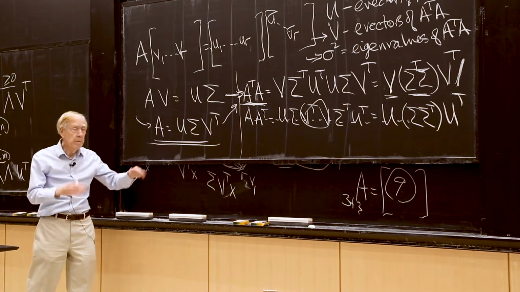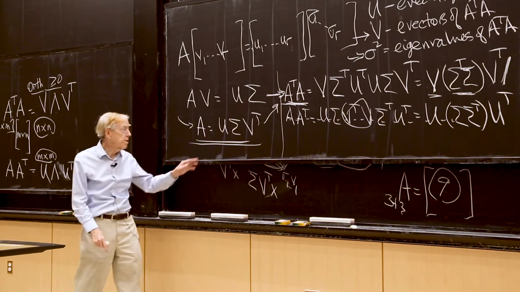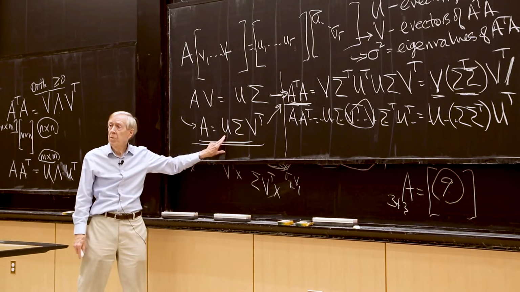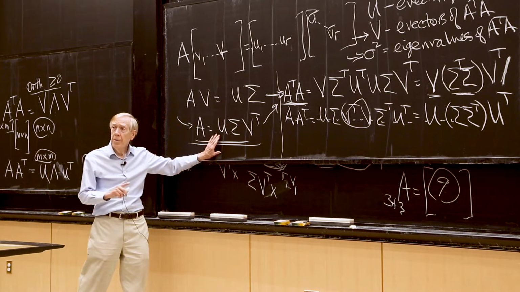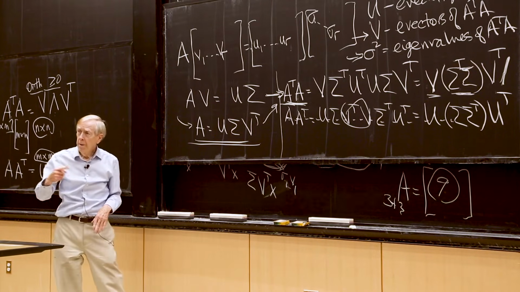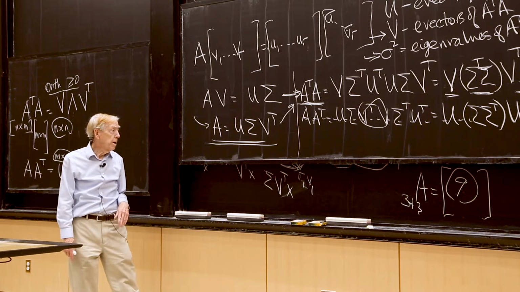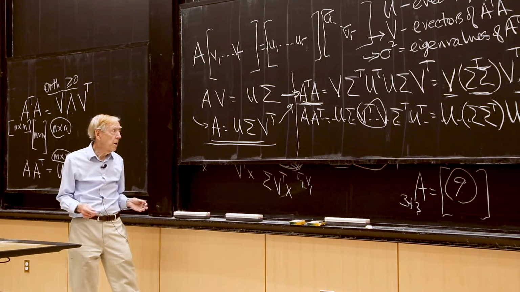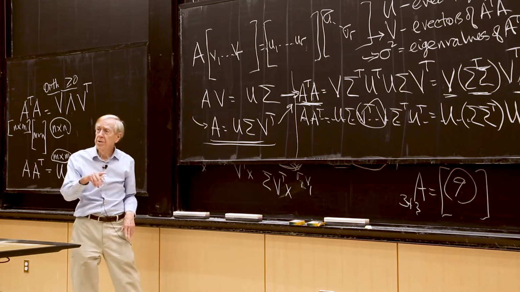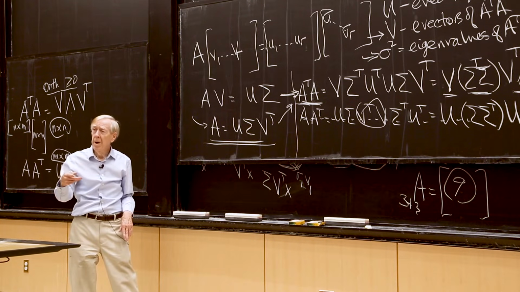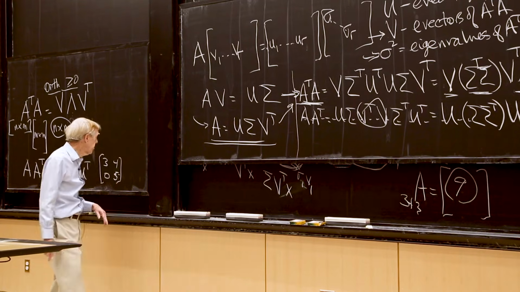Then I take the determinant of this product, and I can take the separate determinants. An orthogonal matrix has determinant 1. And similarly here, so the product of the sigmas is also the determinant.